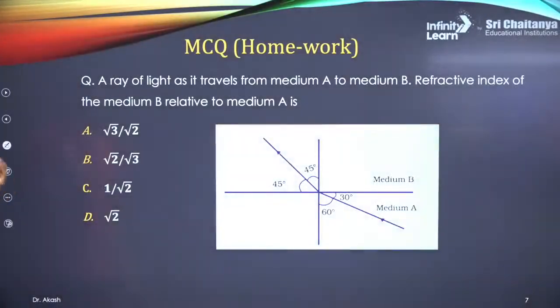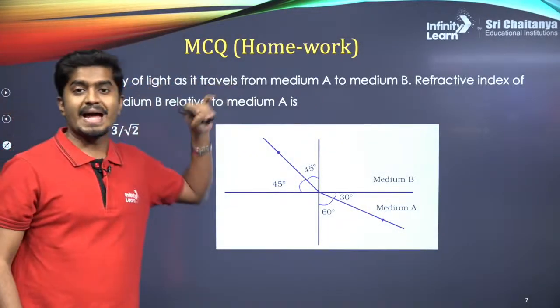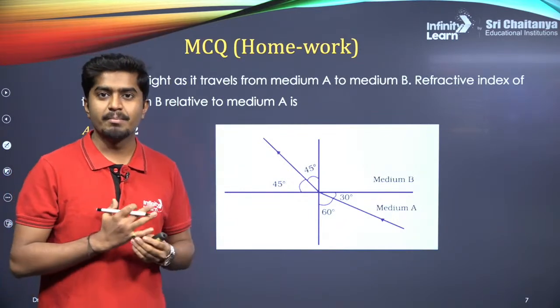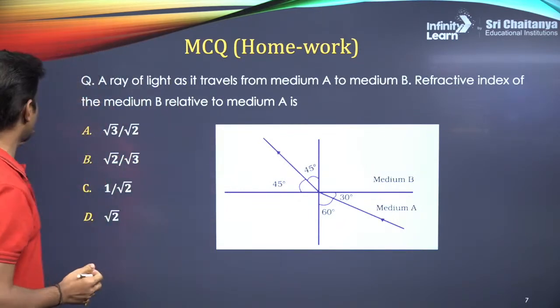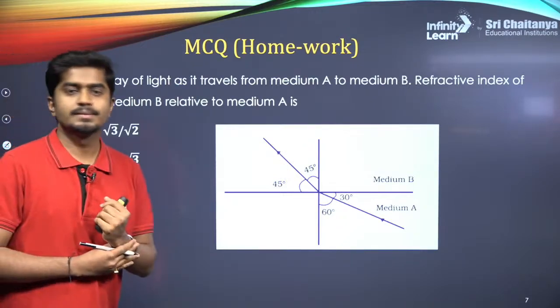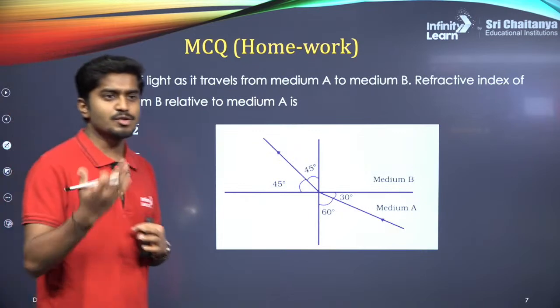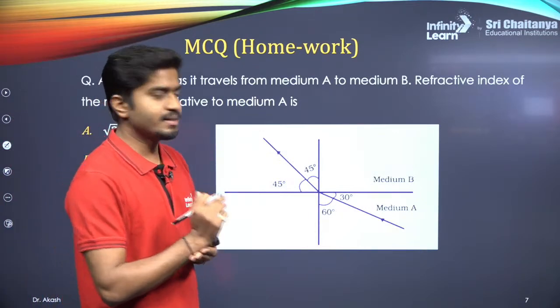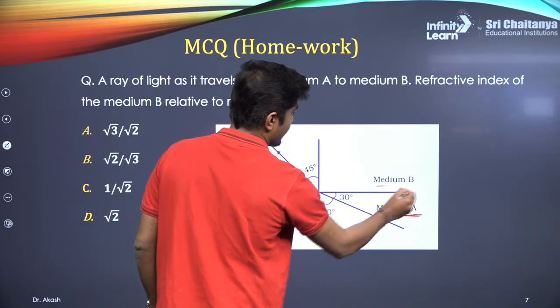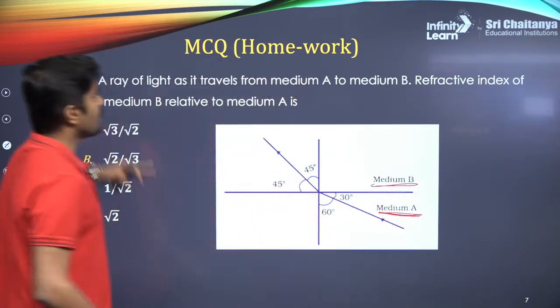Awesome. So this question I had given as homework in the last class. I hope you remember this question. Did any one of you solve it? If you have solved it, you can write in the chat. So here, this is medium A. This is medium B. What do we want to find out?